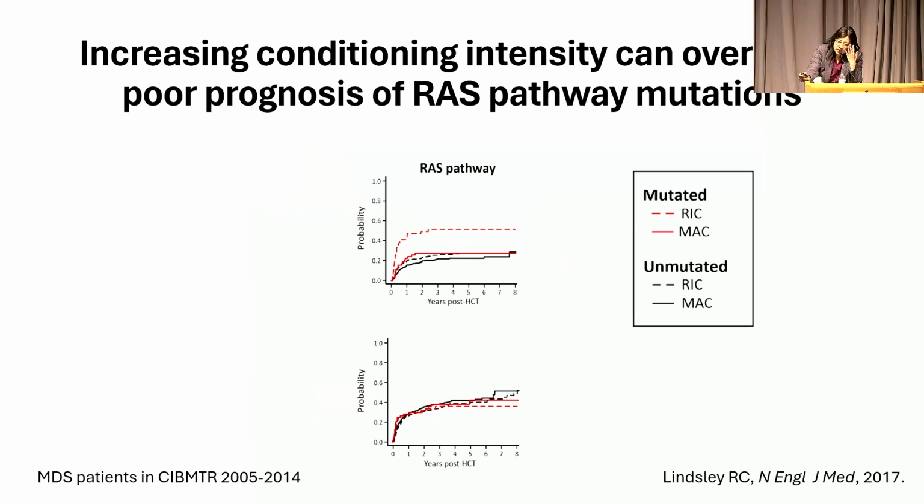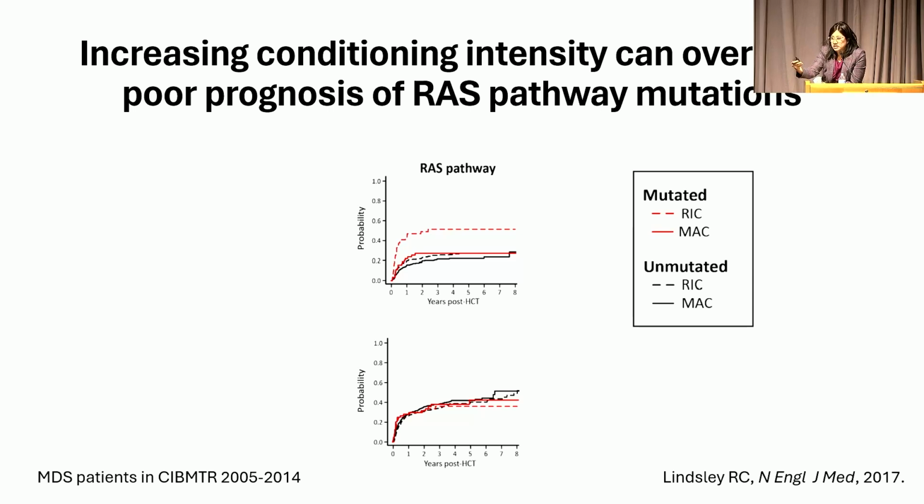And what did my colleague Dr. Lindsley also show us in that New England Journal paper in 2017, where he combined the MDS patients and took a look at the molecular genetics that prognosticated outcome? He was able to pull away some details of some genetic subsets.